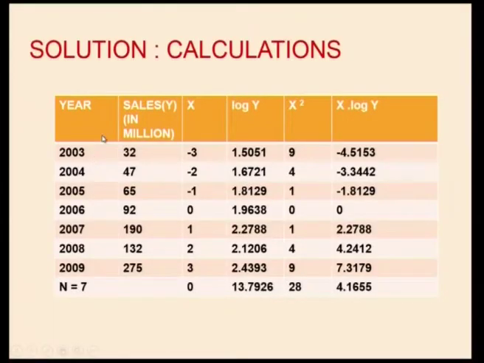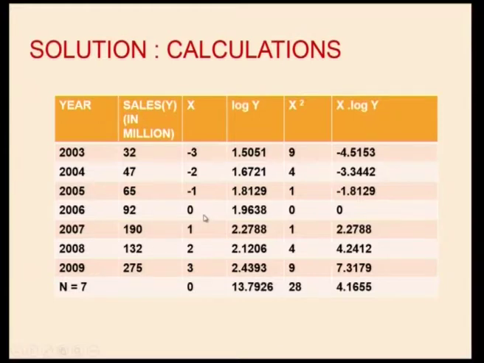Here we have different columns. The first column indicates the year, and n denotes the number of years, which is 7. Then the sales we represent by y, for each year: 32, 47, 65, etc., up to 275. Next, for the X value, you take the middle year and subtract 2006 from all the other years.